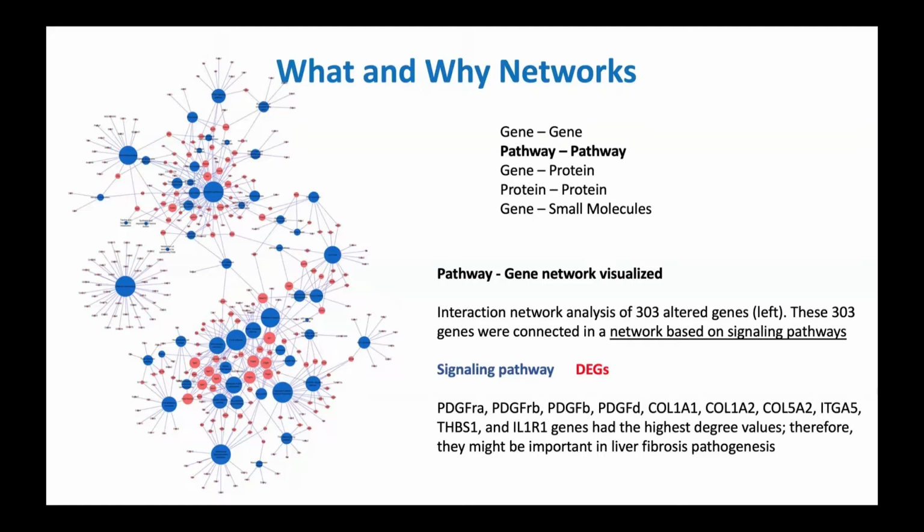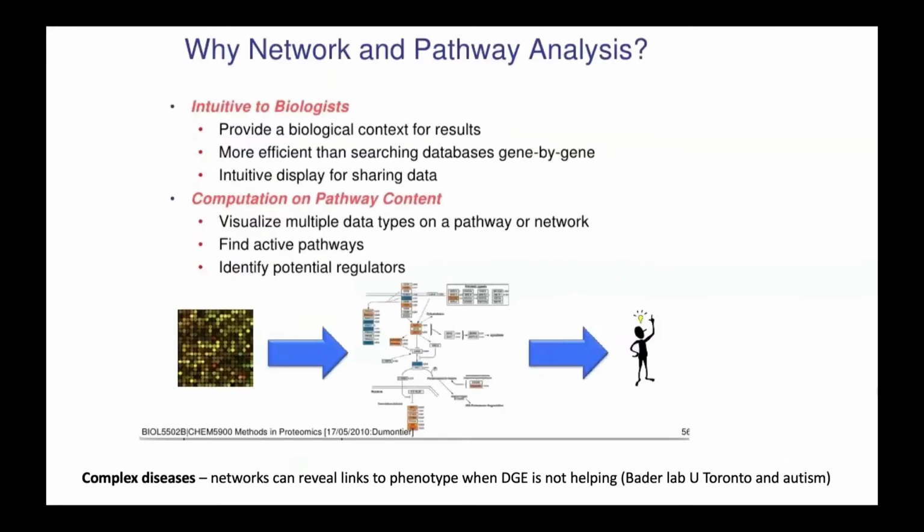So the conclusion we can draw from this network is that the 7 or 8 genes represented with the largest circles have the highest degree, highest values, and they are the best candidates for importance for discovery. In this case, it's liver fibrosis pathogenesis, which was studied.